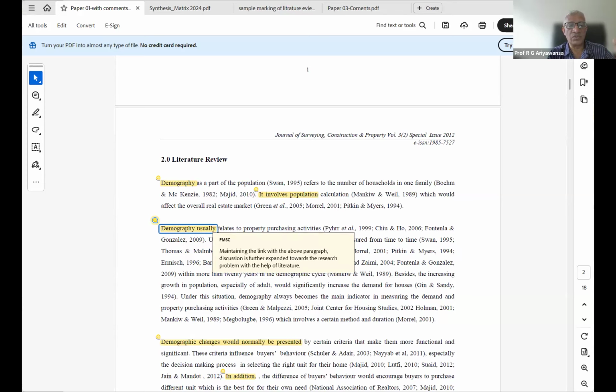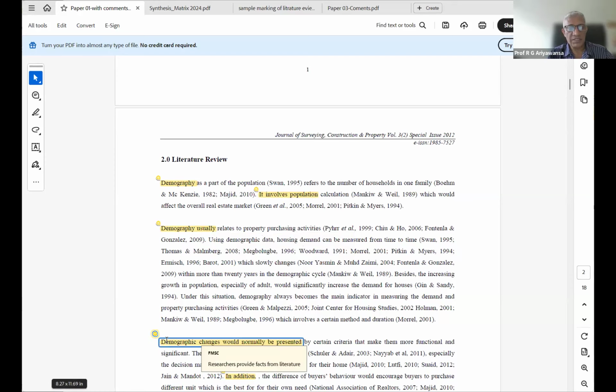So, demography usually relates to property purchasing activities. Now they are connecting to the second idea, the concepts, having linked with the first paragraph, right? So that is what you have to do. You have to learn how others have done it. You have to learn the way of academic writing style, and how the citations and acknowledgement are done, right?